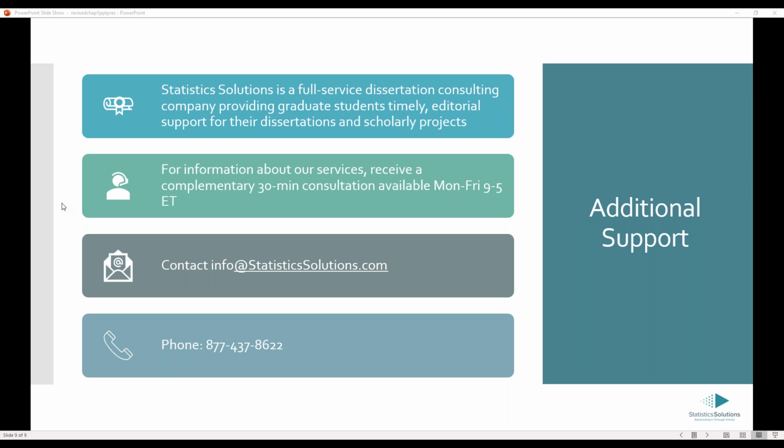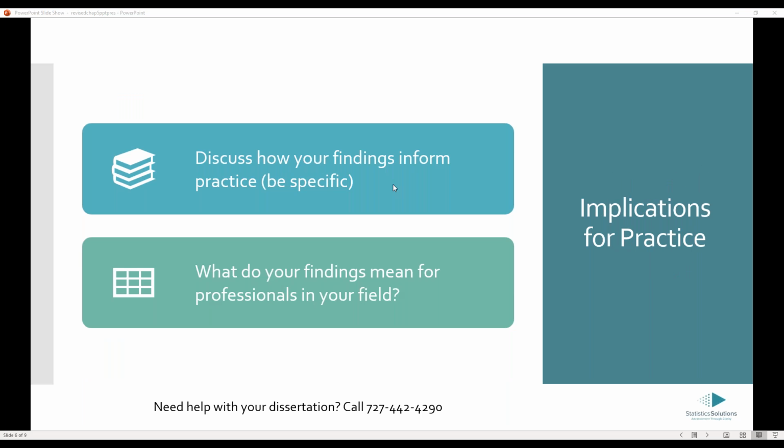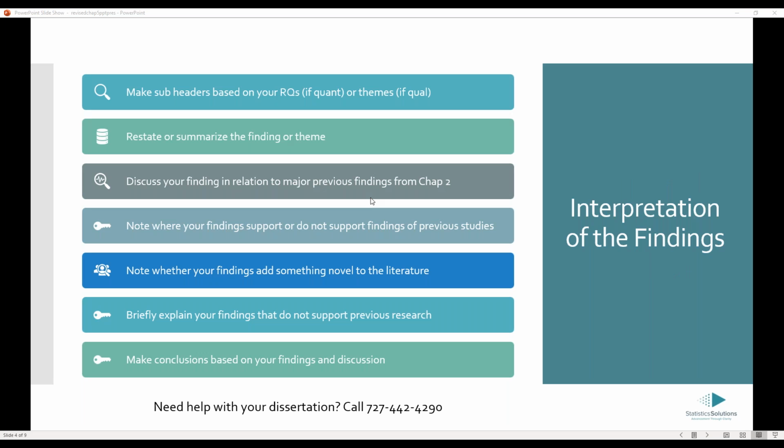Can you elaborate on the organization of the chapter for mixed methods? Yeah, let's go back for mixed methods. There's not much difference except in the interpretation of the findings section. We don't see a lot of mixed method studies, but generally, you want to cover both sets of findings, right? And if it's easier to do that in a separate section for the quantitative and a separate section for the qualitative, that's fine.